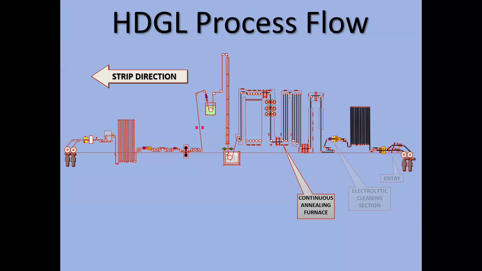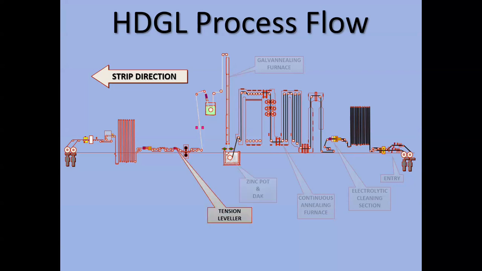In a reducing atmosphere, based on the thermal cycle defined, we do annealing, and after that there is the zinc pot, and DAC is the dynamic air knife. We use it to control the coating weight, depending on the customer's requirement. After that, we also have a provision for annealing, and then after water quenching, we have provisions for skin passing and tension leveling. At present, skin passing is not in line, but for all coils we are providing tension leveling as a standard.